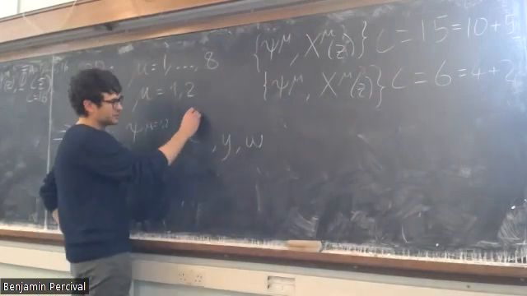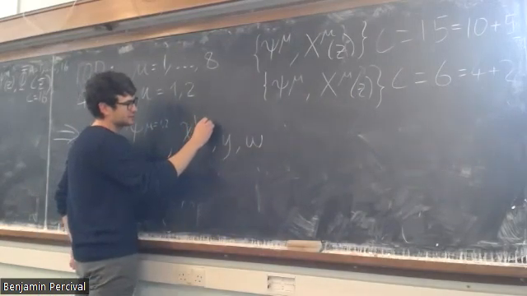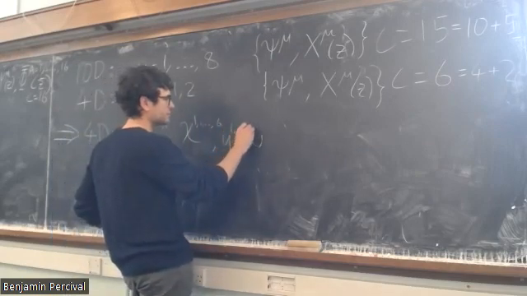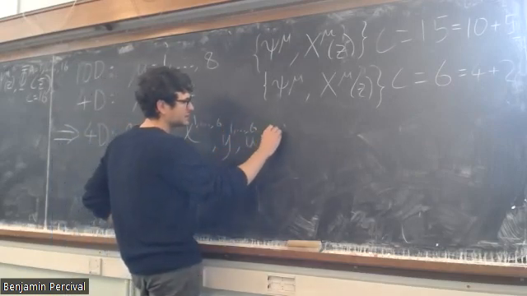And these are chi 1 to 6, y 1 to 6, and w 1 to 6.